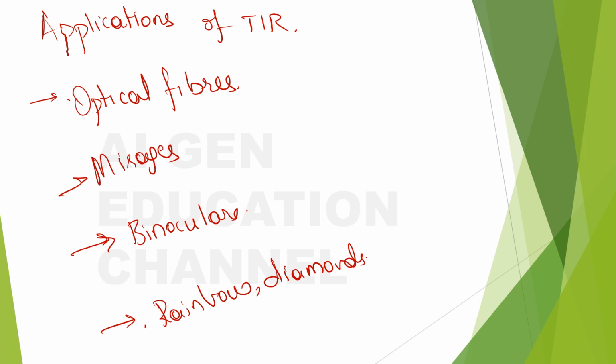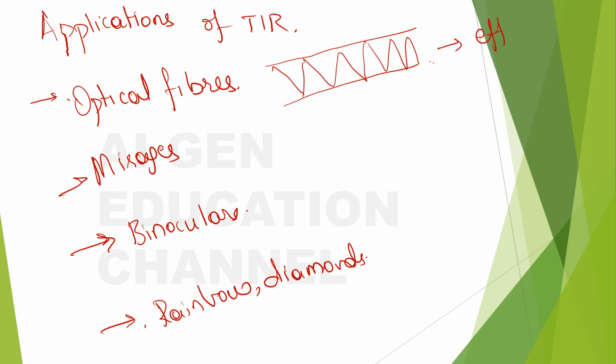In optical fibers, the light will just move like this, like this, like this, and the signals will get amplified. Here, light signals are confined within the core of the optical fibers because of total internal reflection, and this enables efficient data transmission.